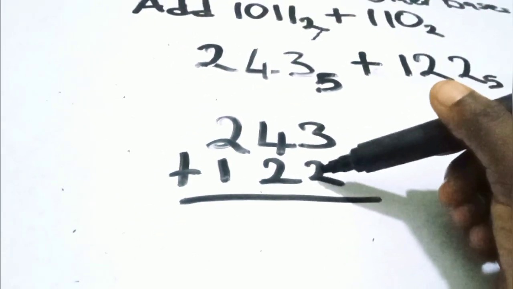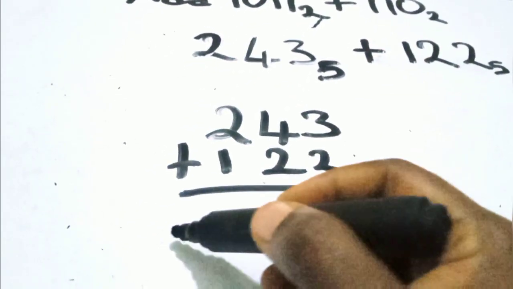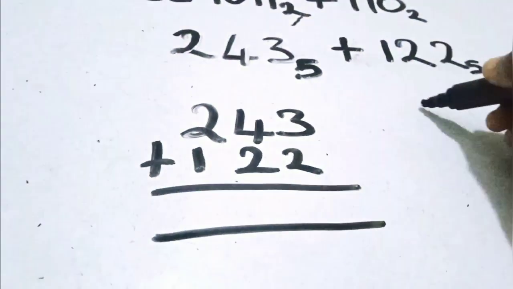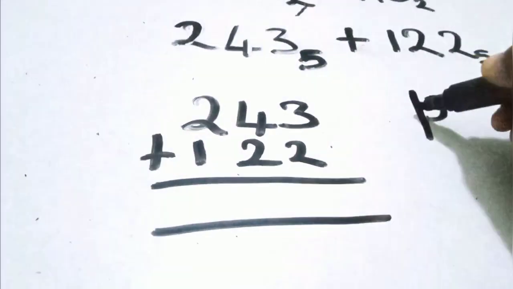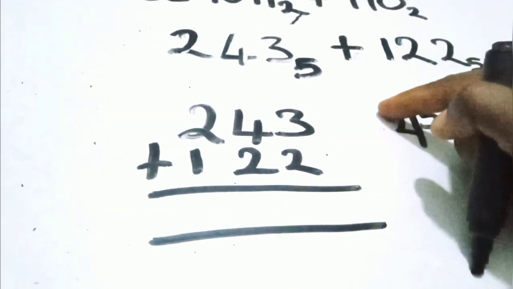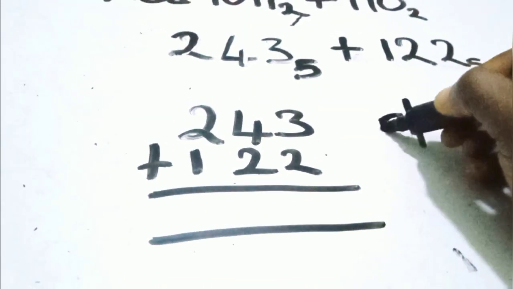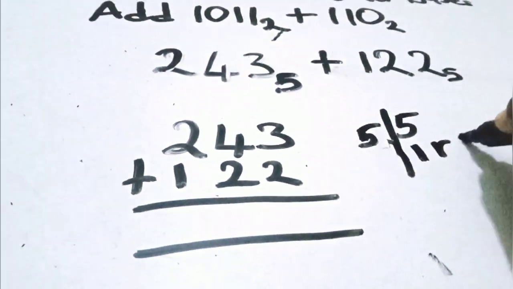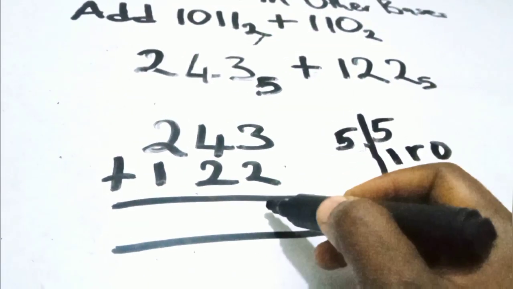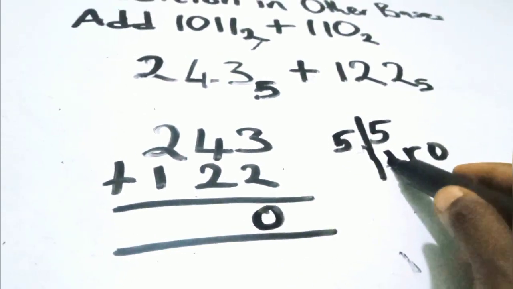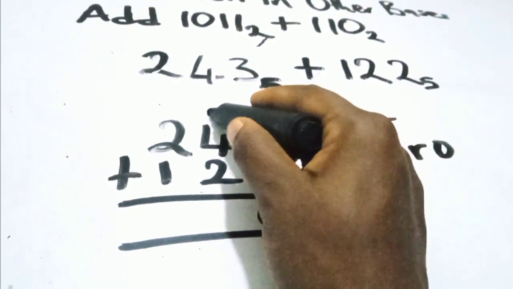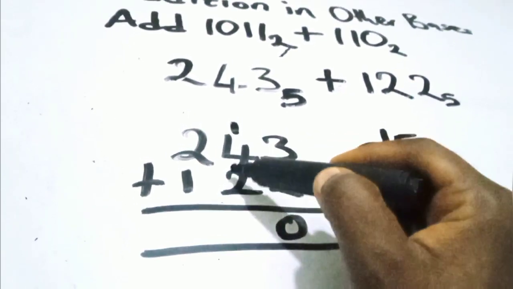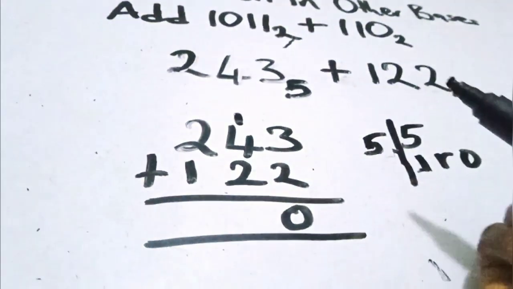Now we have 3 plus 2. 3 plus 2 in a normal addition is 5. But because our base is base 5, we cannot write 5 here. So we say 5 divided by 5. That will give me 1, remainder 0. I will put the remainder 0 here, and I will carry 1 to this place. 1 plus 4 is 5, plus 2 is 7.